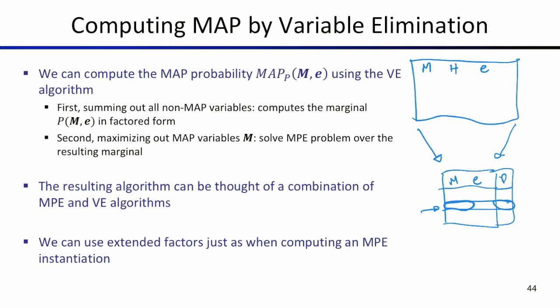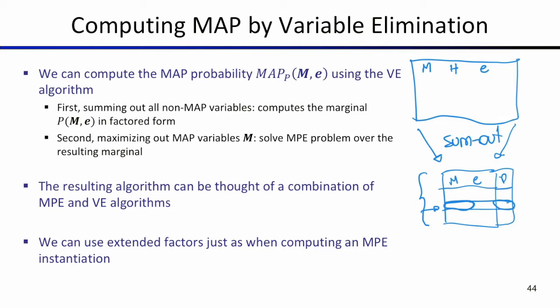So I will have to do this process in two steps. The first step is to sum out these hidden variables, and the second step is to look for the maximum probability here, by eliminating each of the MAP variables M using maximization.